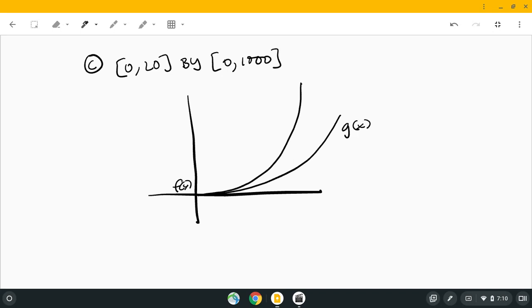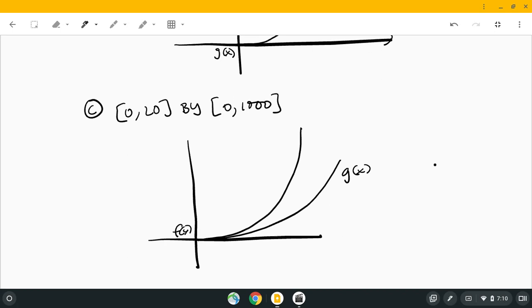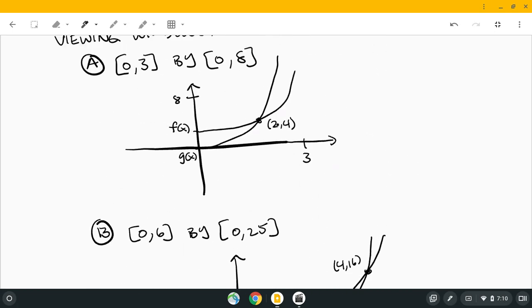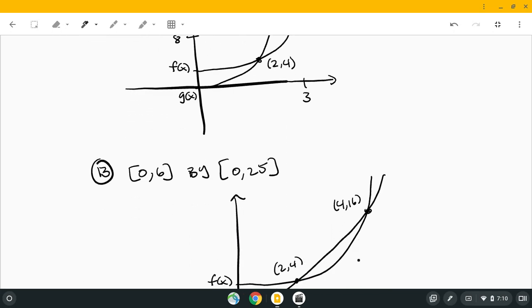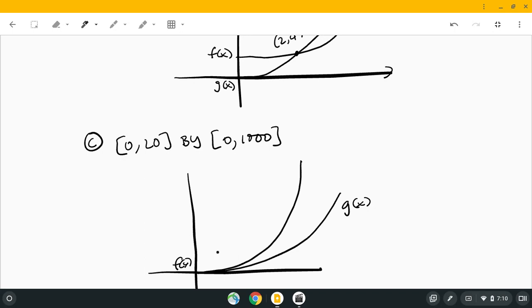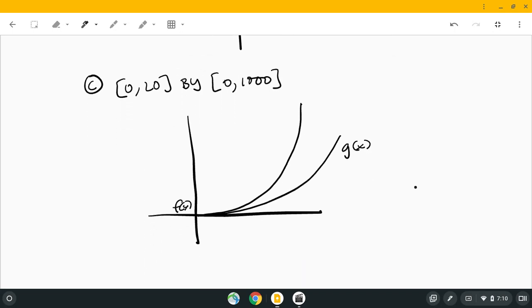But that's y values from 0 to 1,000. It's really interesting, because if you zoom in to these little areas, this is what's happening. But the overall behavior is that f of x, the exponential function, is increasing more quickly.